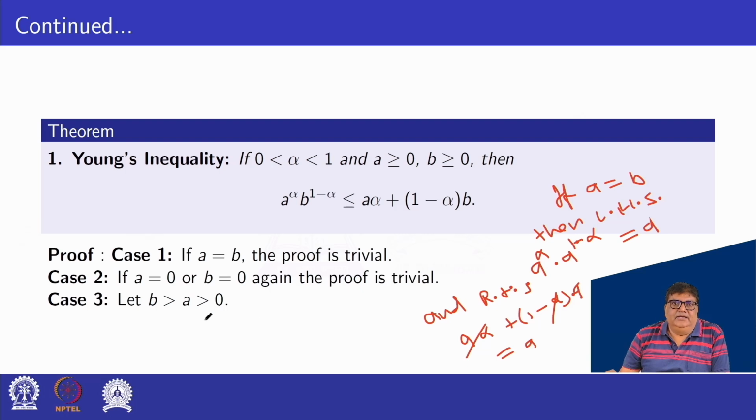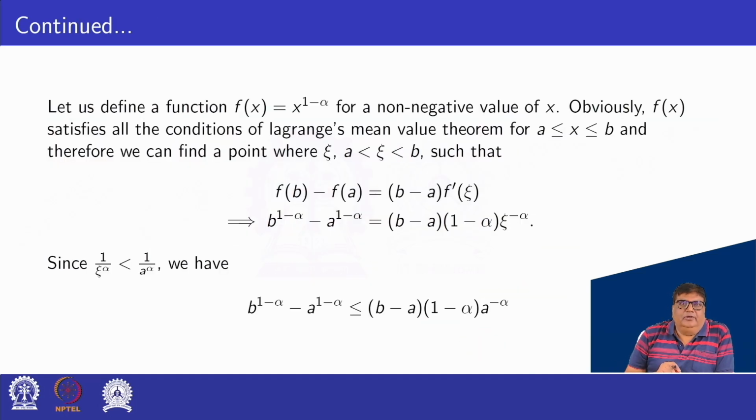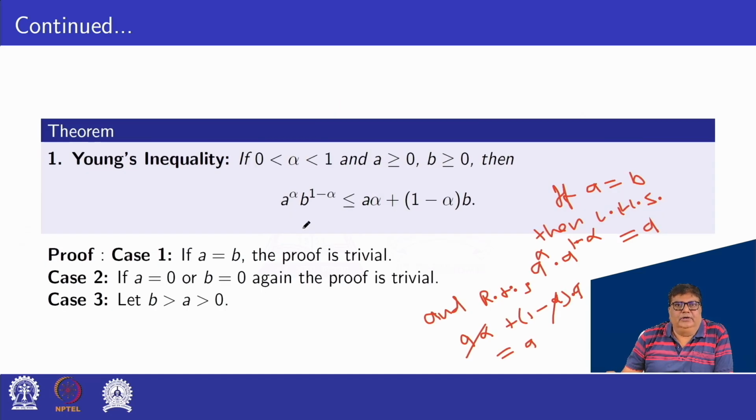Third case: if b and a are greater than 0, then we define the function f(x) equal to x to the power 1 minus alpha, which is a non-negative value for alpha lying between 0 and 1, as we are given.